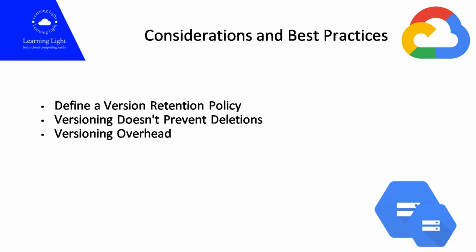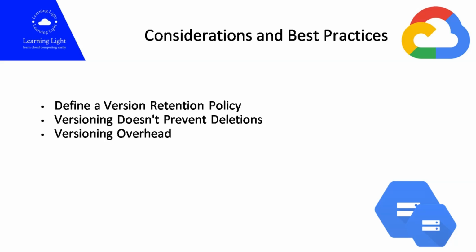Utilize Cloud Storage Object Lock for additional protection against accidental or unauthorized deletion. Versioning overhead: uploading and deleting object versions involve additional operations compared to non-versioned buckets. This might introduce slight performance overhead in specific scenarios.